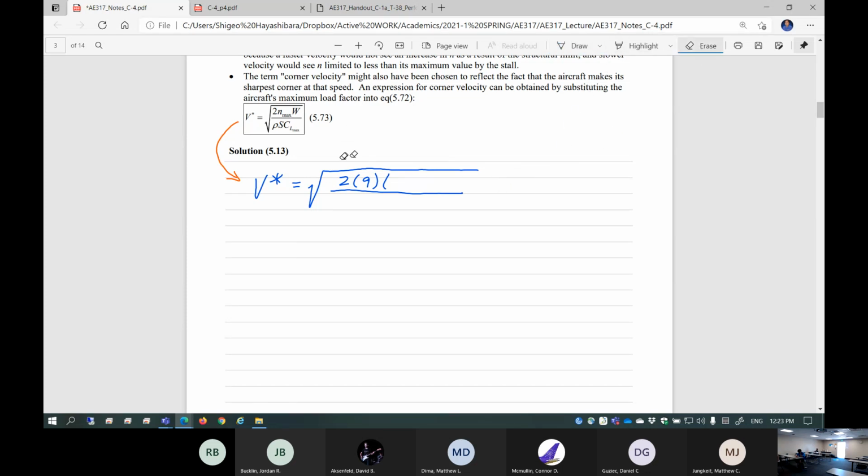So let's modify the equation a little bit because it's much easier. You're going to change the form a little bit, so you're going to specify 2 times n max over rho CL max, times W over S. This is the wing loading.